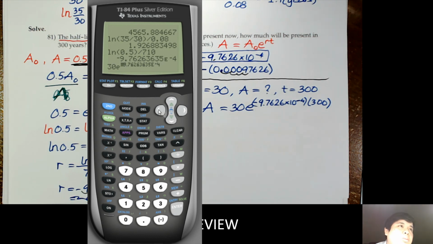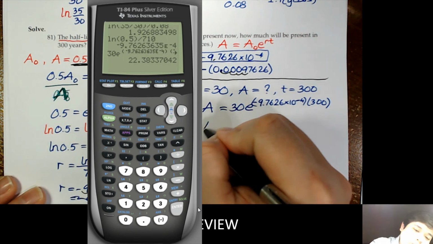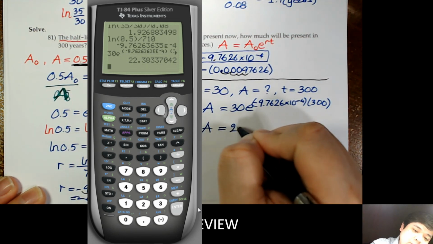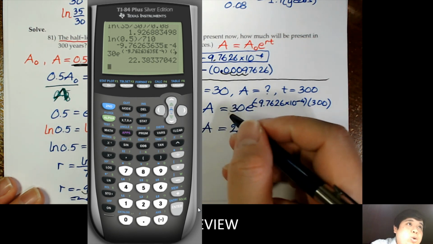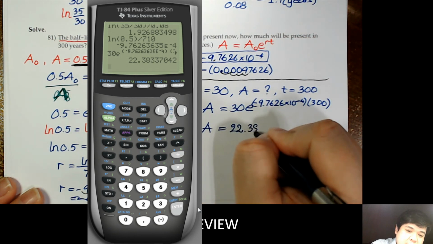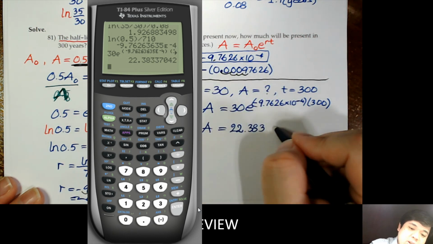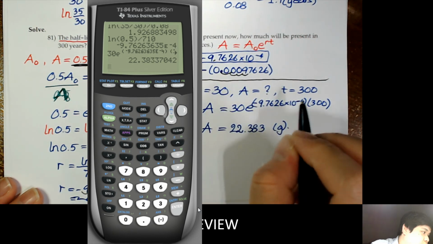Alright, let's put the parentheses around this. Let's do that again. Parentheses up there, copy and paste, and then times 300. So we have 22.383, to 3 decimal places. Originally grams, so this is also grams.